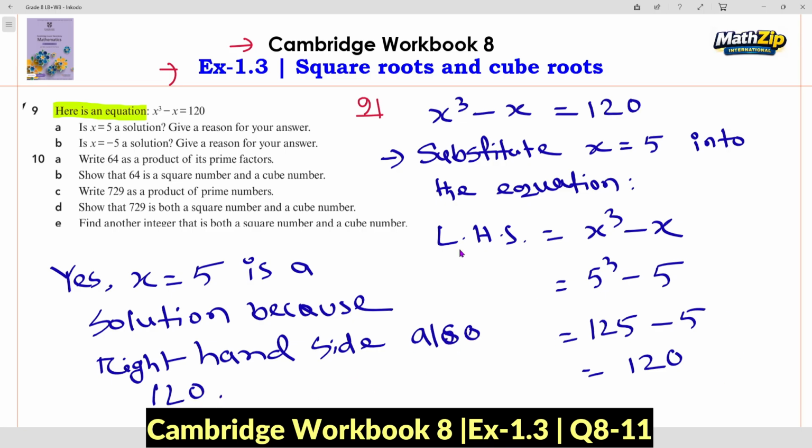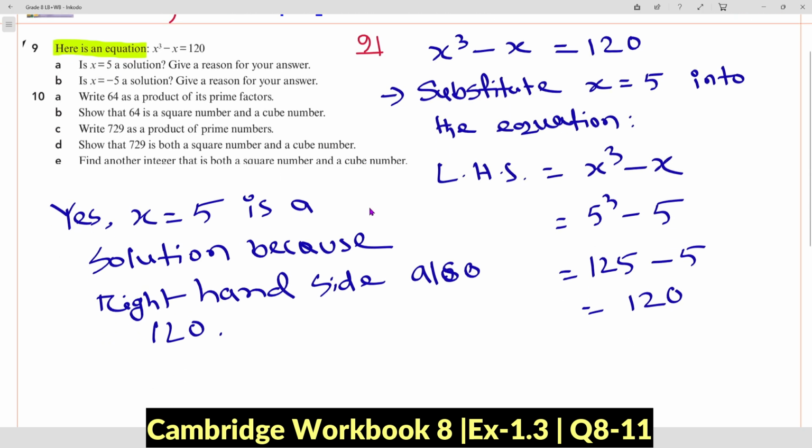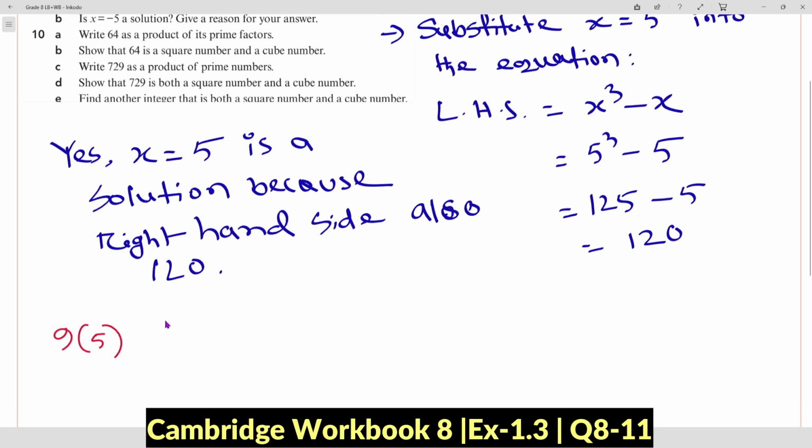Okay, so number A has been done. Now 9b, here is x equals minus 5, so same thing, x cube minus x equals 120.